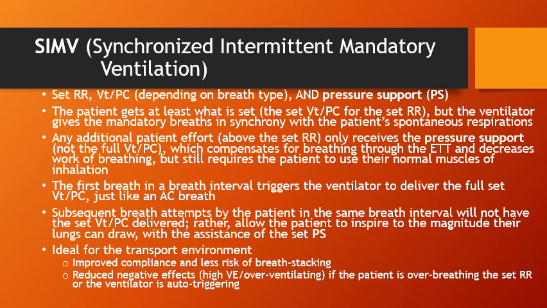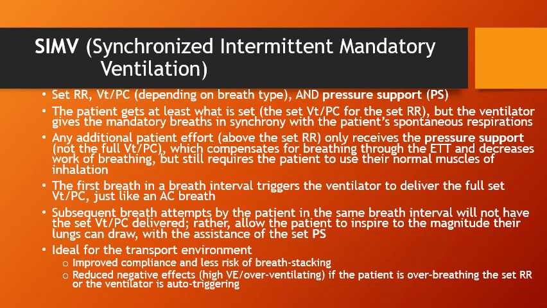Now, it's important that they're getting some support on those extra breaths, because that is going to compensate for breathing through the endotracheal tube, which is like breathing through a straw. So if we don't give them that support, it makes their work of breathing very difficult. So the pressure support really compensates for breathing through the endotracheal tube and decreases work of breathing.